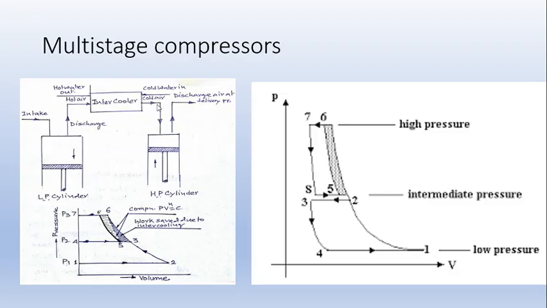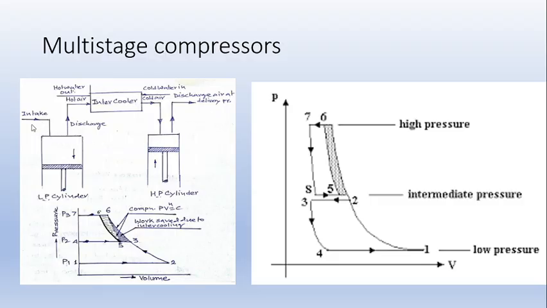Then this high pressure, low temperature air is supplied to the high pressure cylinder, in which the air is further compressed to a final delivery pressure P3.